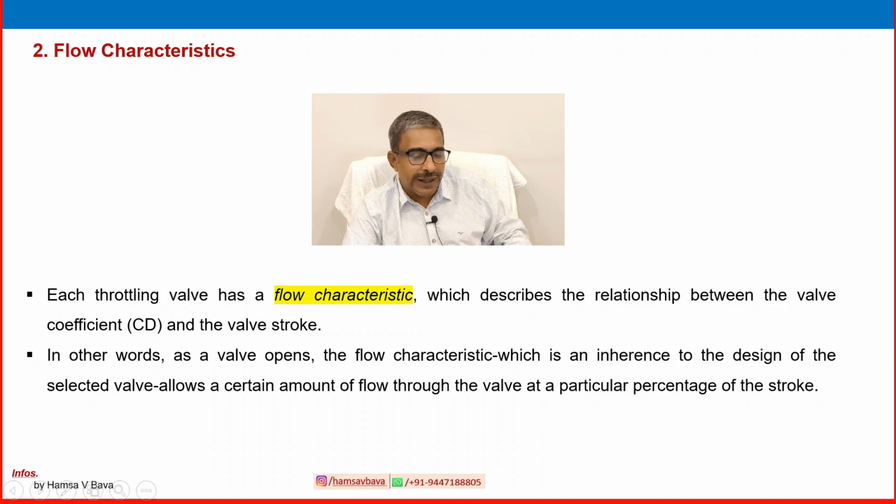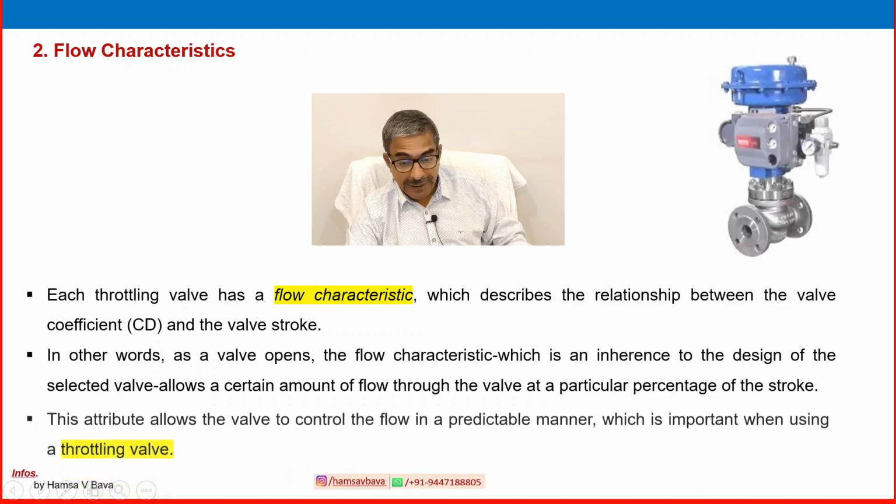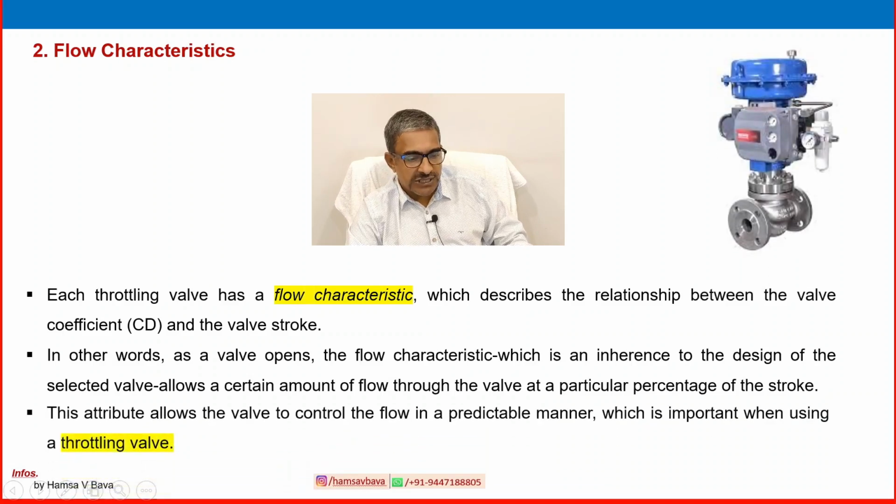So when the valve is opening, initially it opens slowly, in the middle the flow is stabilized, and at the end the flow is established, at a particular percentage of stroke. This attribute allows the valve to control the flow in a predictable manner, which is important when using a throttling valve. See, this is the throttling valve.